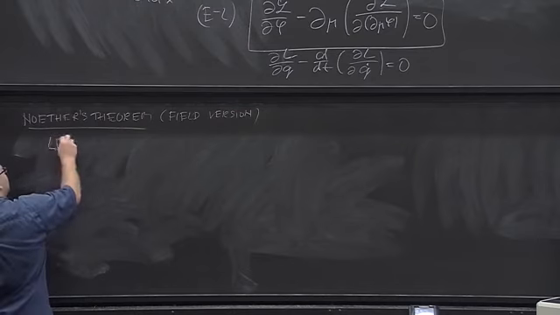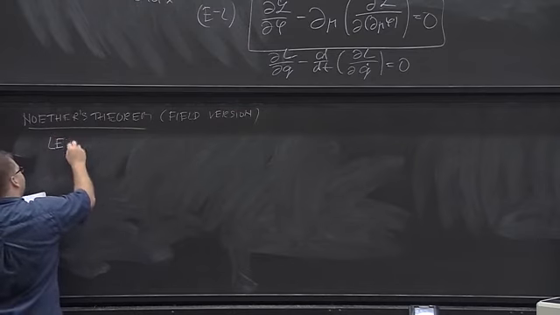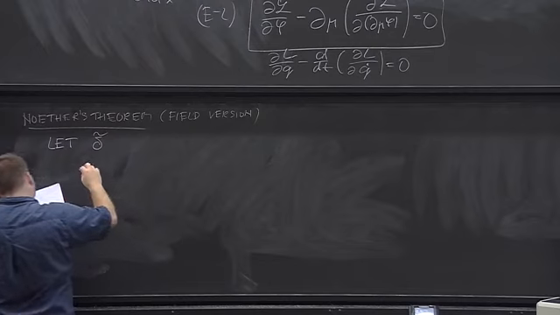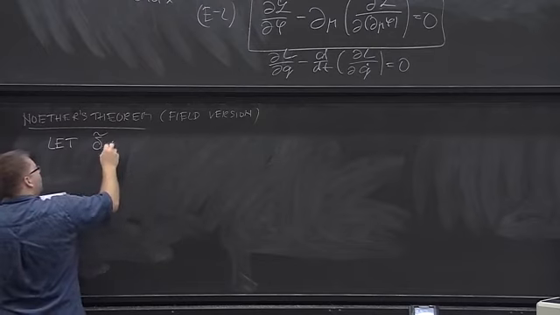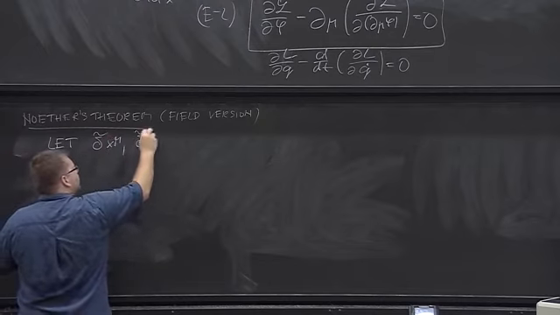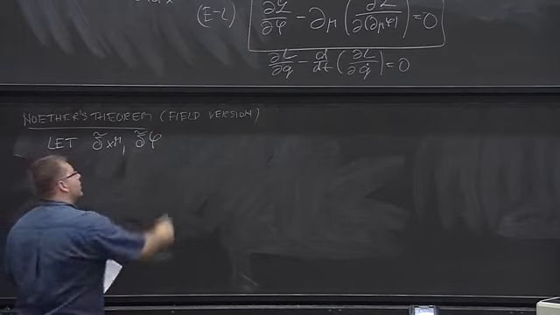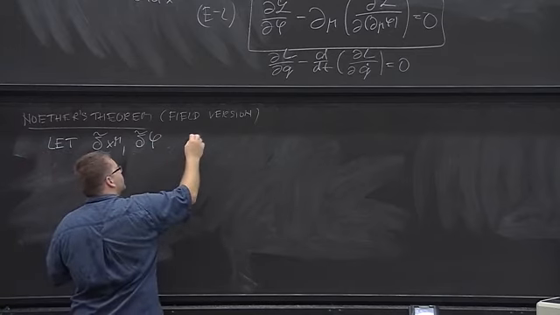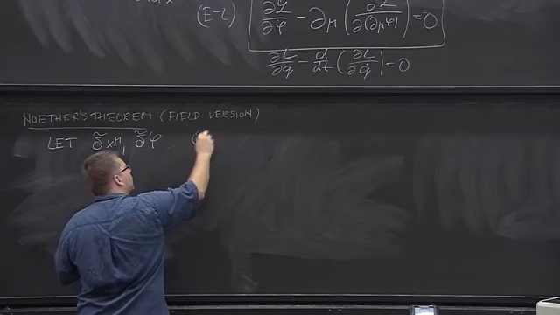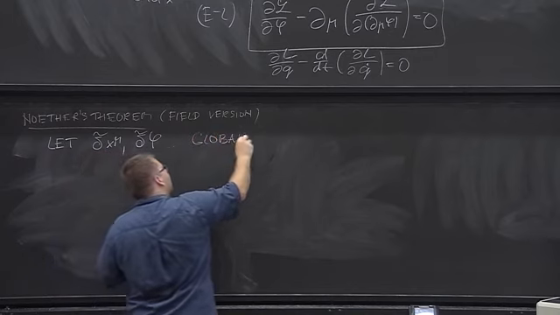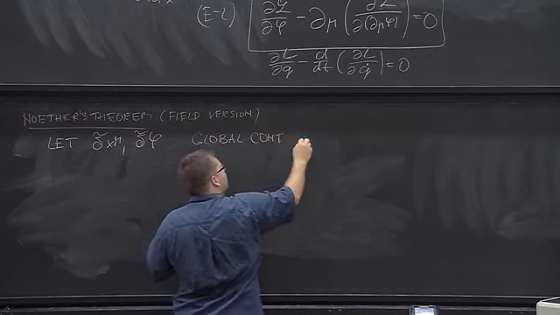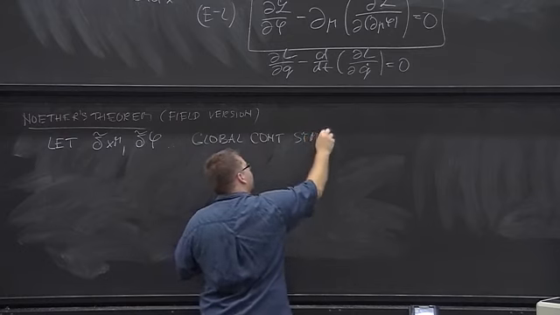So again, let delta tilde x mu and delta tilde phi be a nice global continuous symmetry of the action.